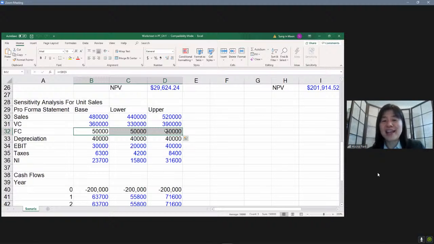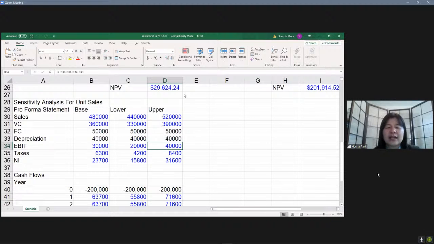Fixed cost is the same. Why? Base, lower, upper have the same, because by definition in the sensitivity analysis for unit sales, fixed cost is fixed at the base level. And similarly, depreciation is also fixed. So once you find this, you can calculate EBIT accordingly, and taxes and net income as well.